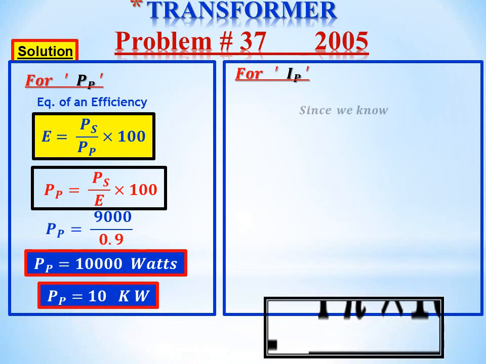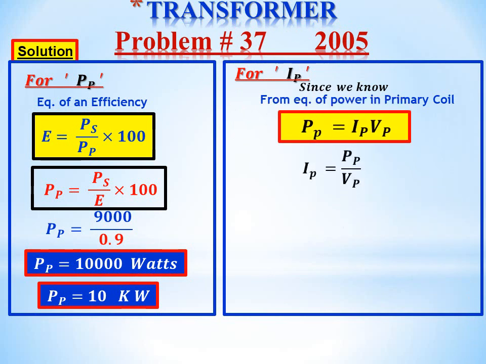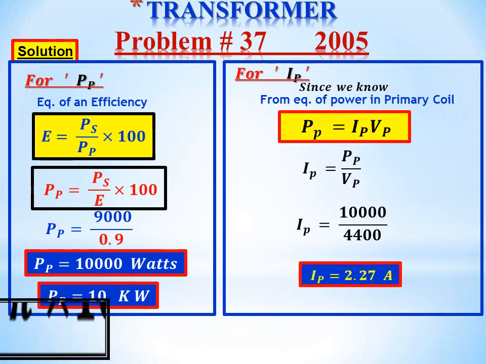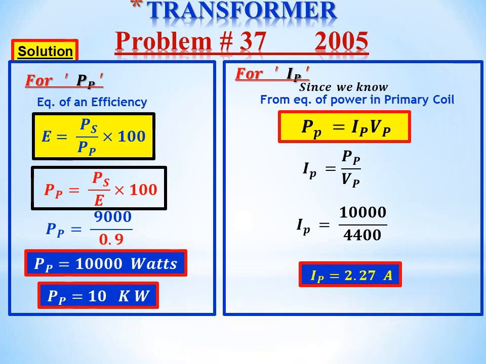Now for the current, or IP. From the equation of power in the primary coil, PP is equal to IP VP. Equate for IP, you will get your current in primary is 2.27 ampere.